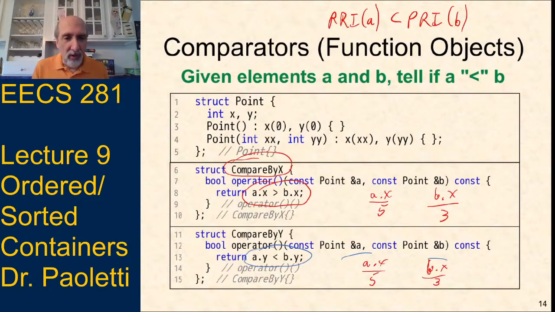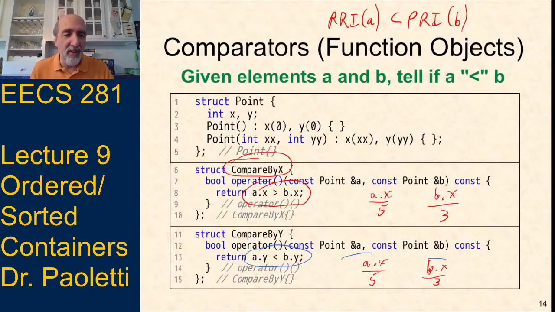Well, when we call standard sort in sorted PQ, we're not really calling this compare. We're calling standard sort, and standard sort is calling this compare. Remember, a few minutes ago we said this bottom one would produce an ascending order by y, which would mean a dot x should be closer to the end of the vector.